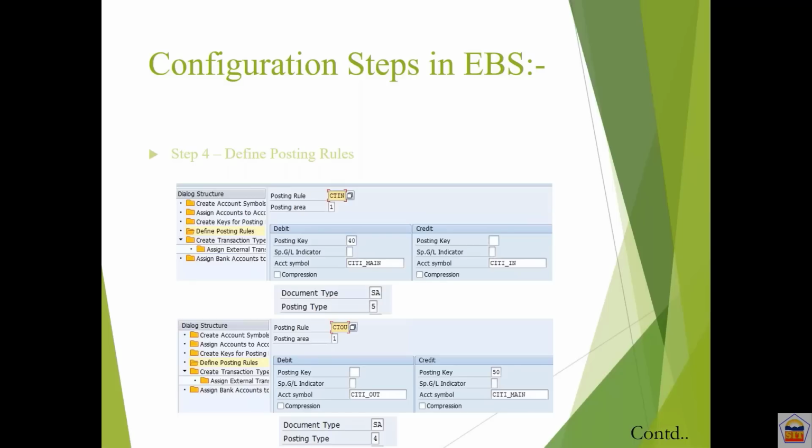After that you can mention the document type and posting type. The posting type says how you want the clearing to be done. If you want your incoming clearing account or outgoing clearing account to be considered, you can mention posting type 5 or 4 here. We have been given some other posting types as well.